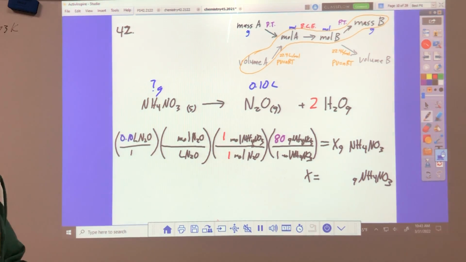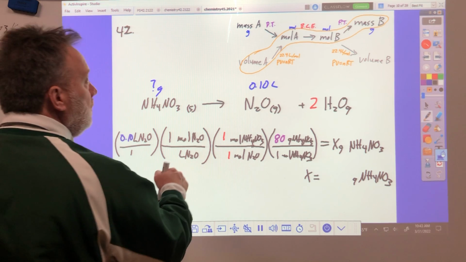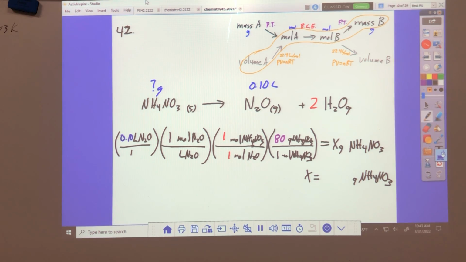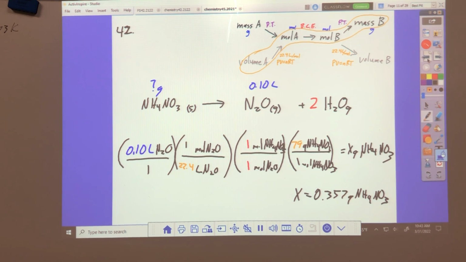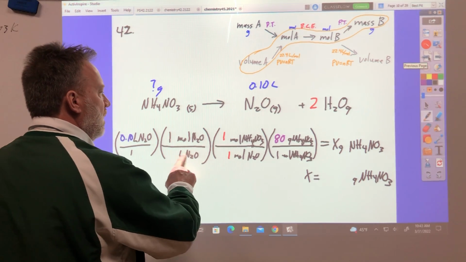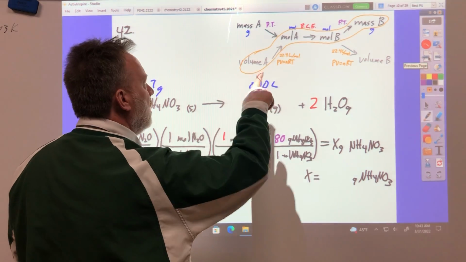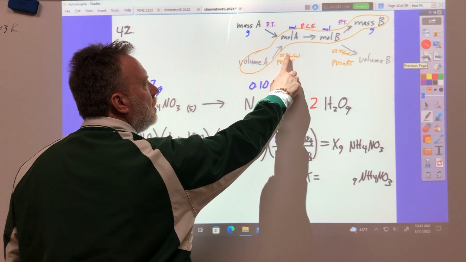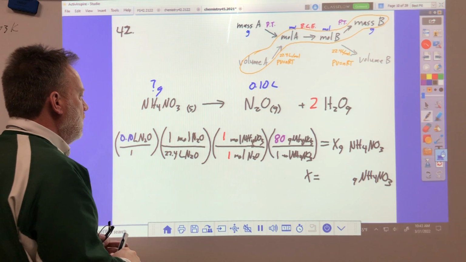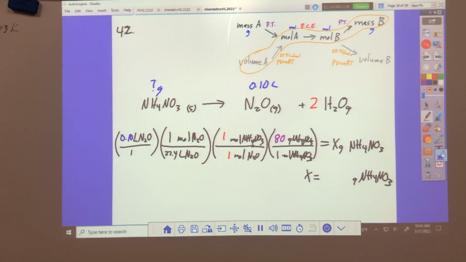And every mole of N2O from the periodic table, nitrogen is 14 apiece, 2 of them is 28, plus 16 is apparently, oh, wait a minute, whoa, this is liters. Not periodic table. Liters, 22.4.